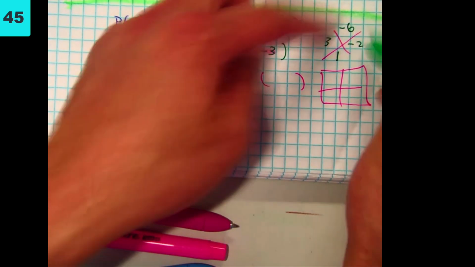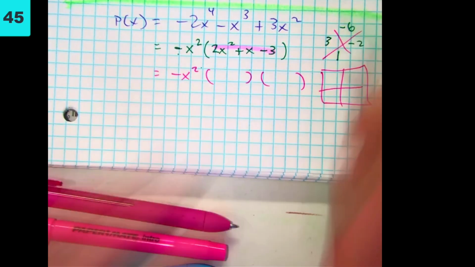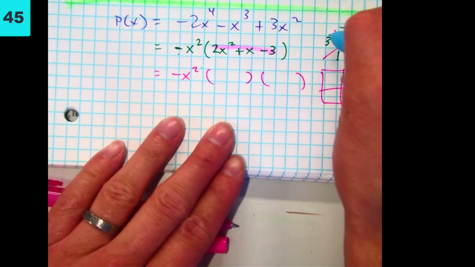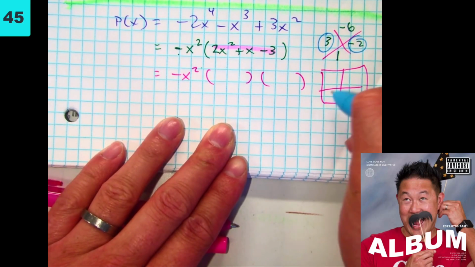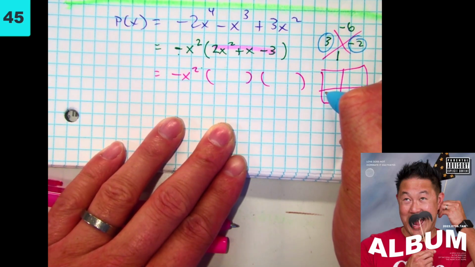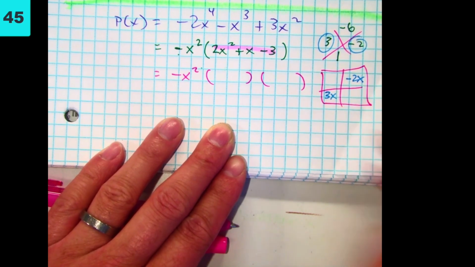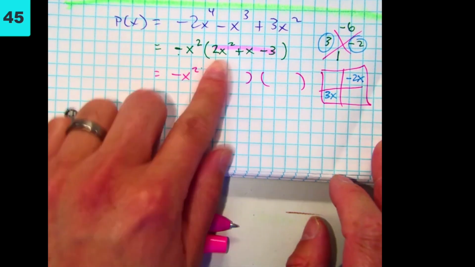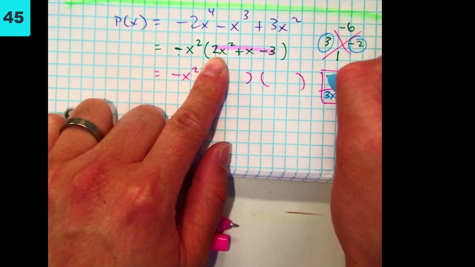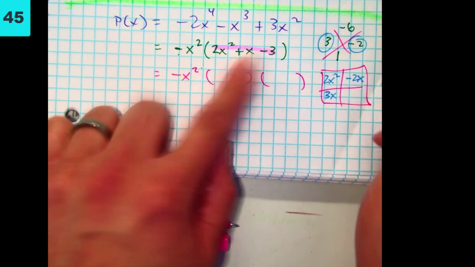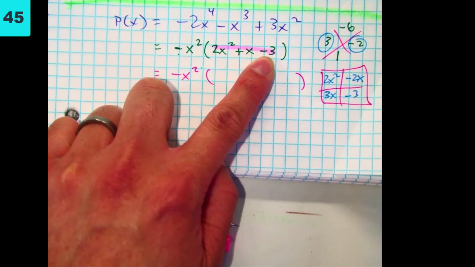Those multiply to be negative 6, add to be 1. Those two values here, we're going to put in your bottom left and your top right. And then inside your top left, you're going to put your leading coefficient, 2x squared.